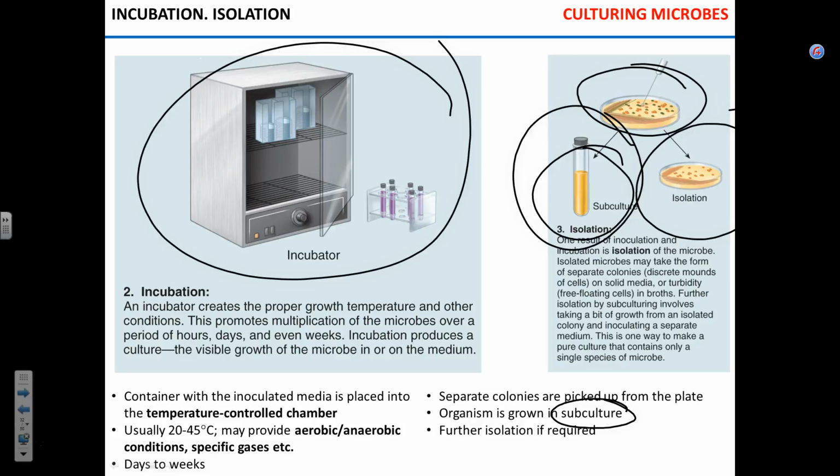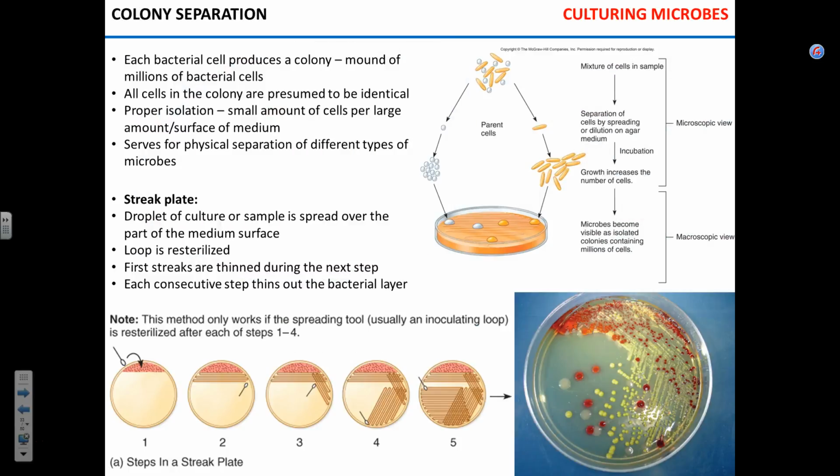You want to be 100% sure that you have 1 species before you inoculate the liquid medium. Make sense? So now colonies have to be separated. Why do we focus so much on the colony?